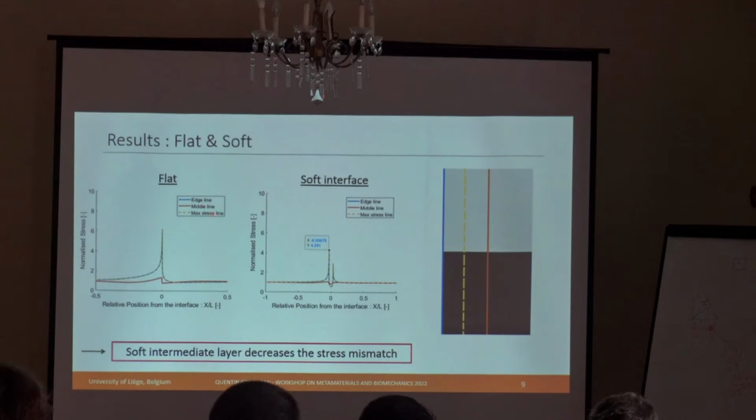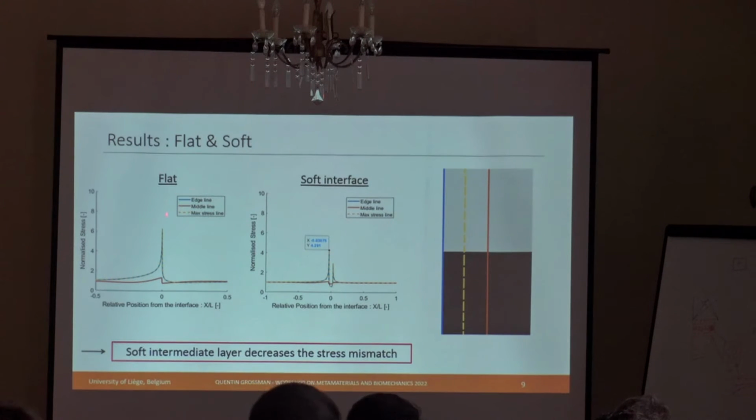So basically in those graphs, you can see the concentration of stress at the interface of the bimaterial, with the stress normalized by the far field stress. In terms of representation, you have the edge line, which is this one in blue that I put on the side of the sample. There is the middle line, so it's basically the line going through the middle of the sample.